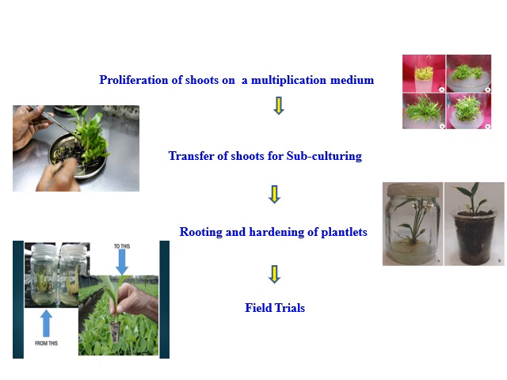The next one is proliferation of the shoot on a multiplication medium. So we have to standardize the hormones for initiation, multiplication, or elongation of the shoots in different ratios of the hormones.